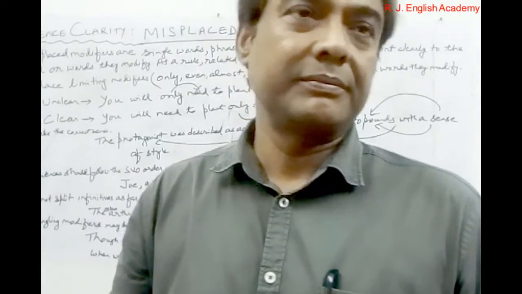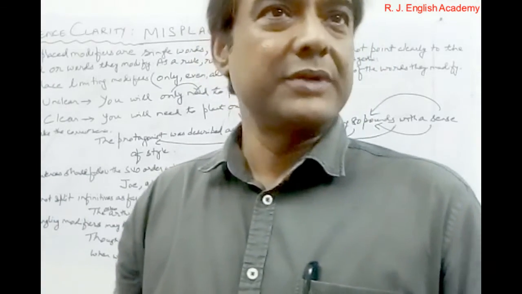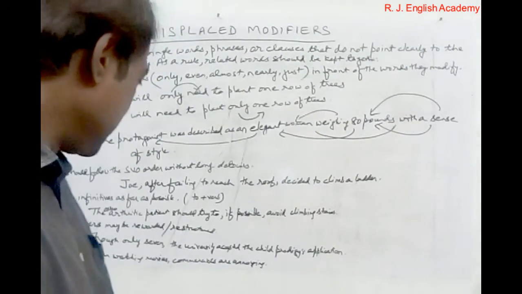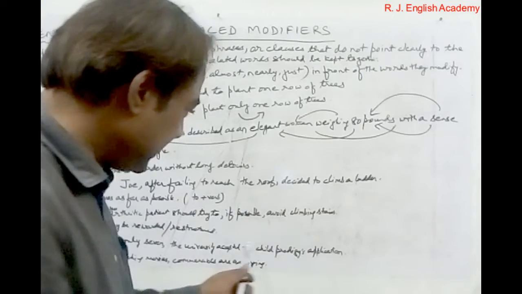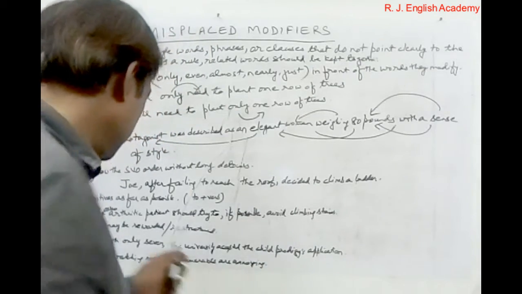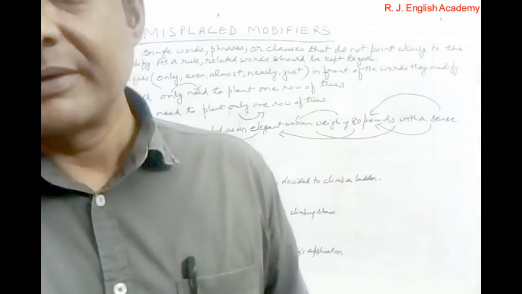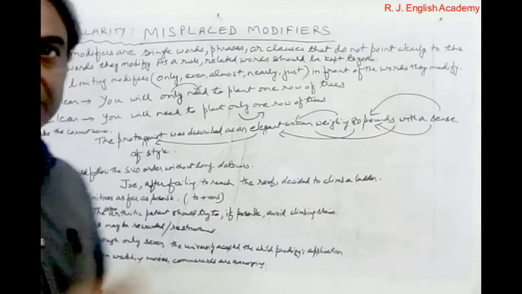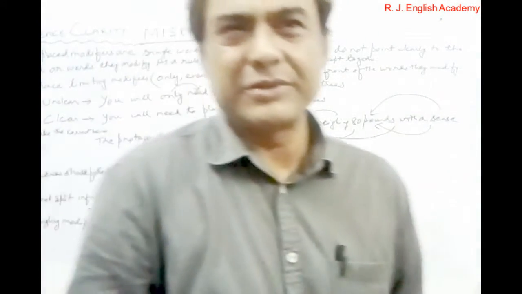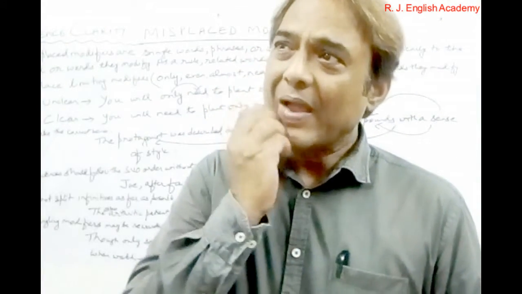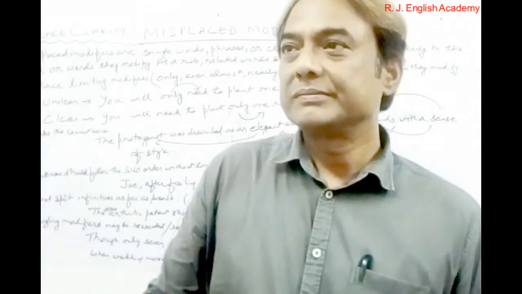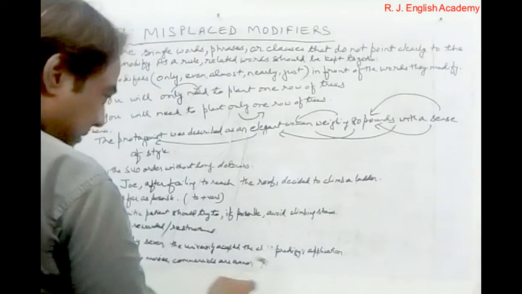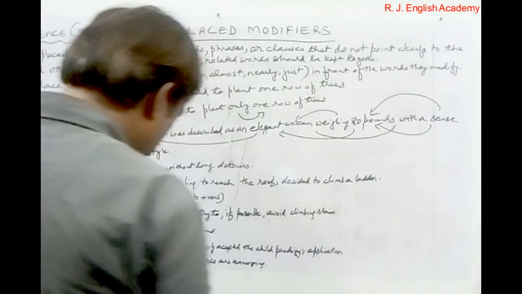So how do we correct it? Reword it or restructure it? What do we do here? Let us say, the university accepted the child prodigy who was only 7, or the child prodigy who was only 7 years of age, or 7 years old. So we reword this.